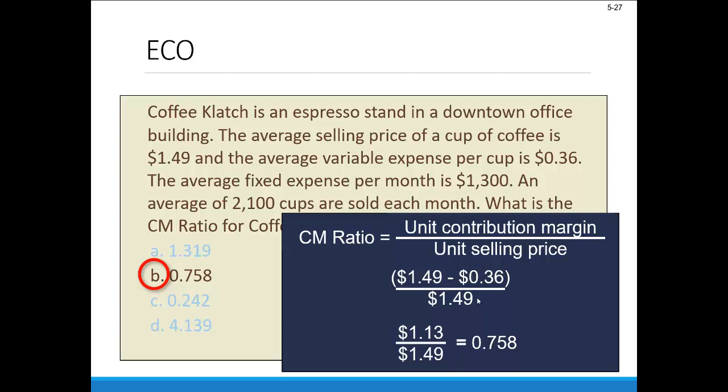Take that difference divided by the $1.49 selling price, and I get that CM ratio of 0.758. Now, incidentally, if we're looking at the other answers there, we want to keep in mind CM ratio can't be greater than 1 or 100%, right? Because we're expressing this as a percent of sales or percent of the selling price. So that cannot be greater than 100%.